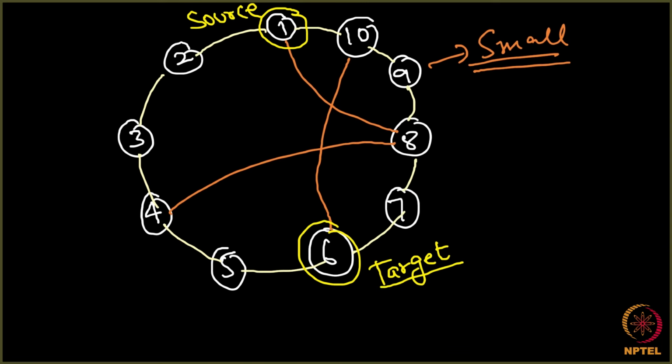We have seen before how decentralized search works. Every node is going to look towards its neighbors and then choose the neighbor which is closest to the target. So node 1 is supposed to pass on the letter to the node 6. According to our myopic search, it will first look at node 10 and then look at the distance of this node 10 from the target.